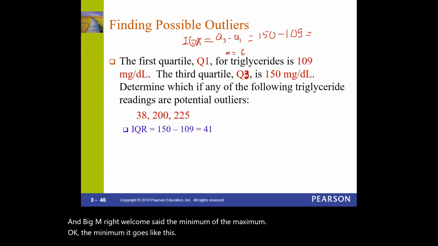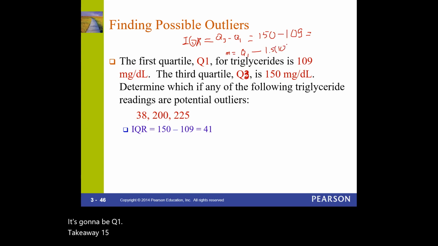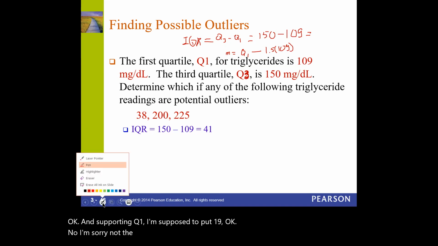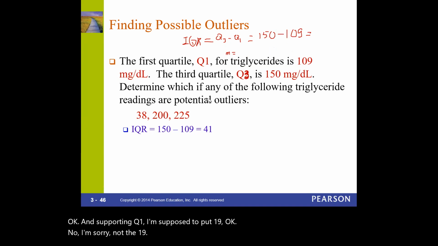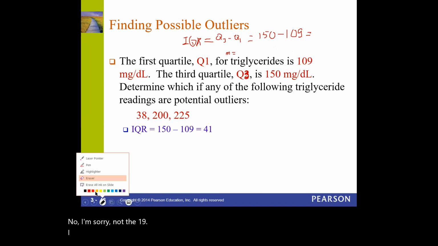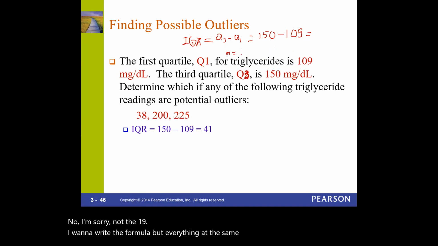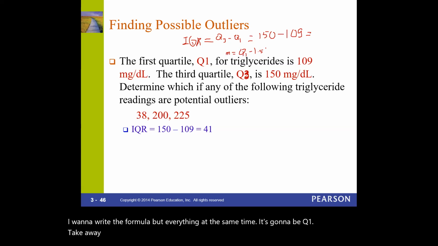The minimum goes like this. It's going to be Q1 take away 1.5 times IQR.